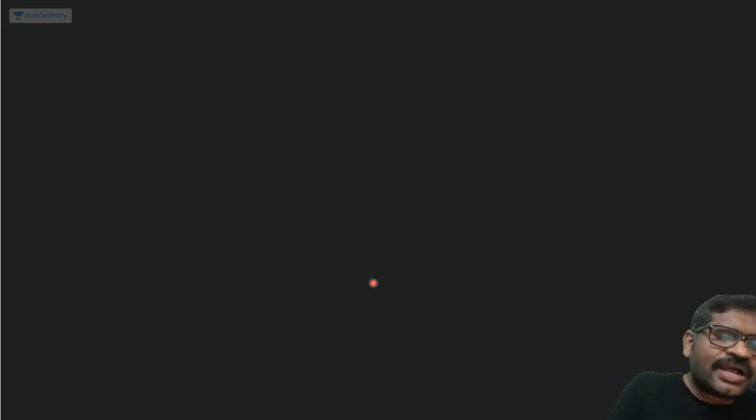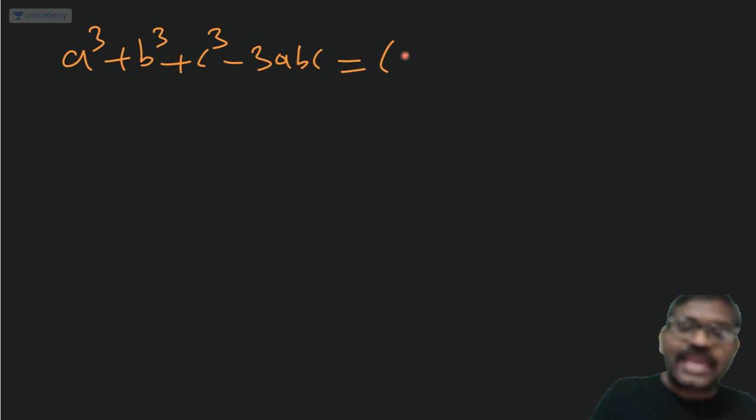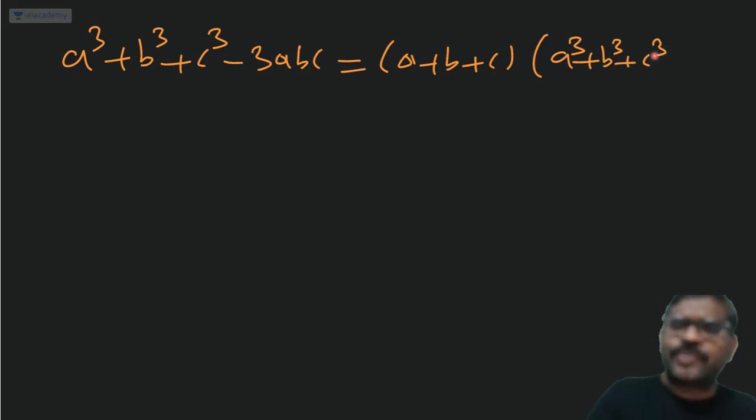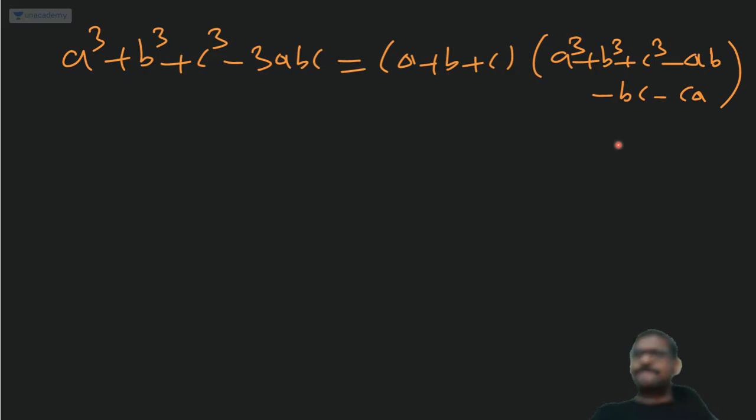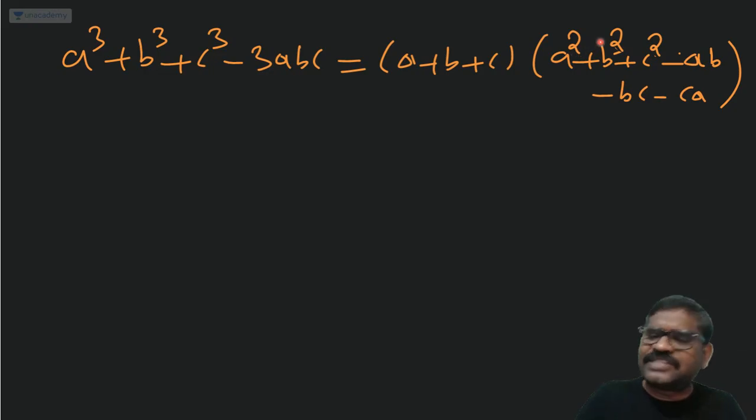Now observe, a cube plus b cube plus c cube minus 3abc equal to, one formula we have, a plus b plus c multiplied with a square plus b square plus c square minus ab minus bc minus ca.